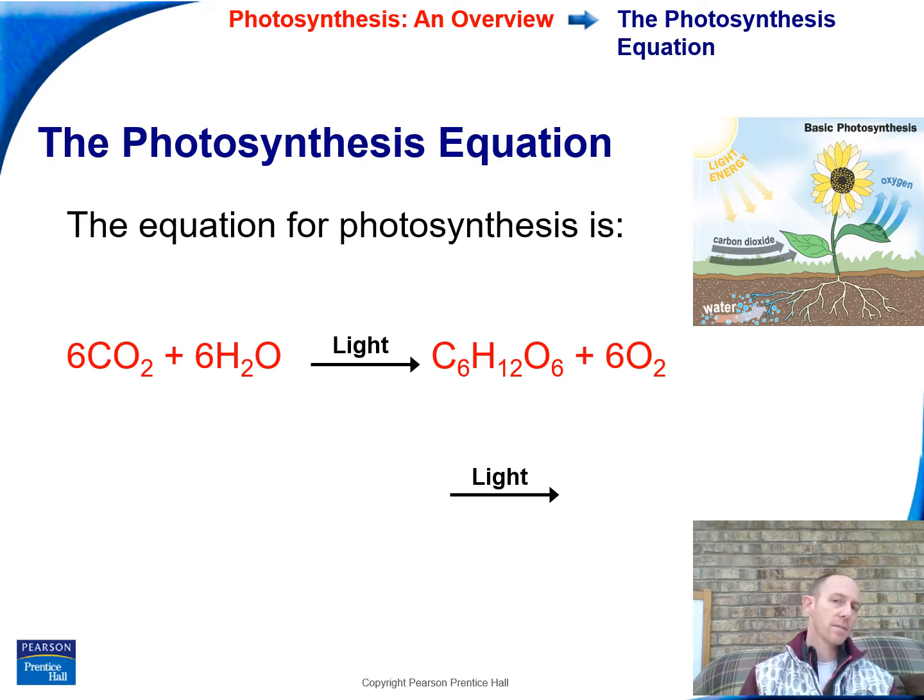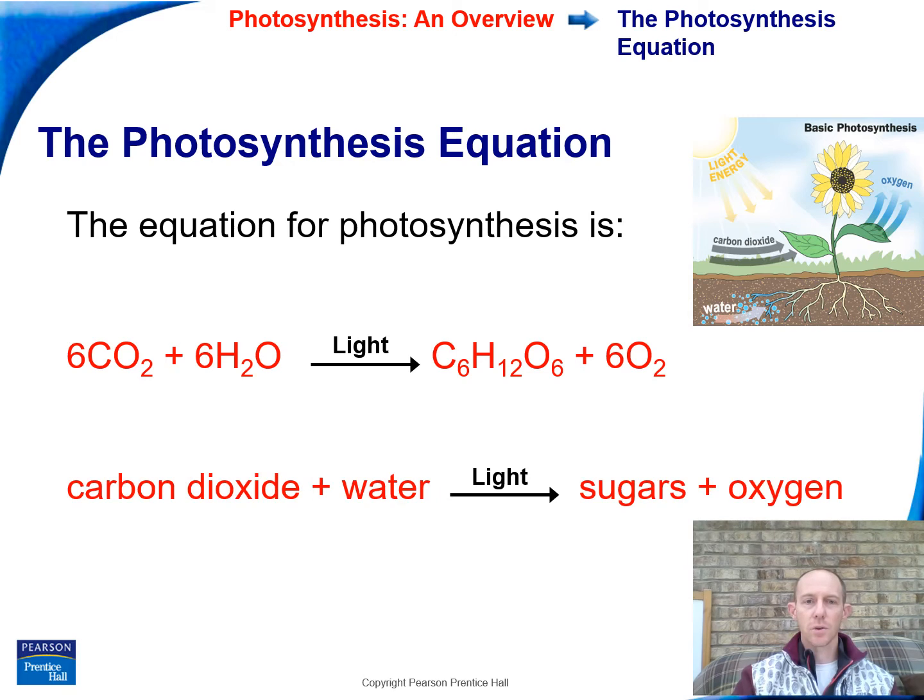They're the same on the left as they are on the right. So we have 6 CO2s and 6 H2Os. You combine those using sunlight's energy to make glucose, which is C6H12O6, and 6 oxygen molecules. So that's the balanced chemical equation way.